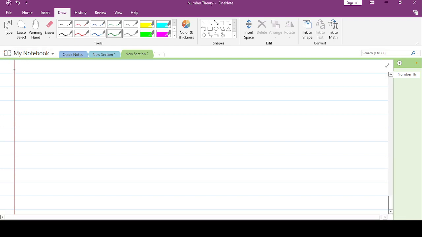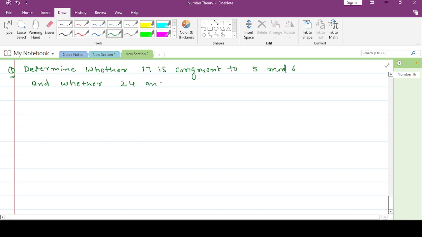So the question is this: determine whether 17 is congruent to 5 modulo 6, and whether 24 and 14 are congruent modulo 6.